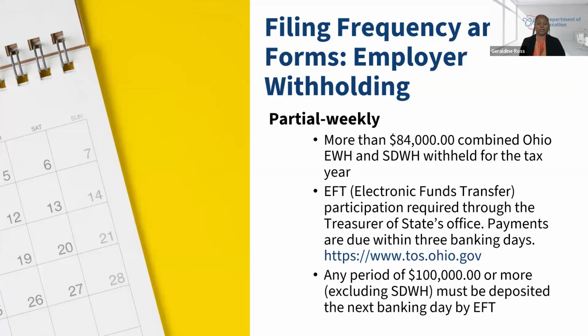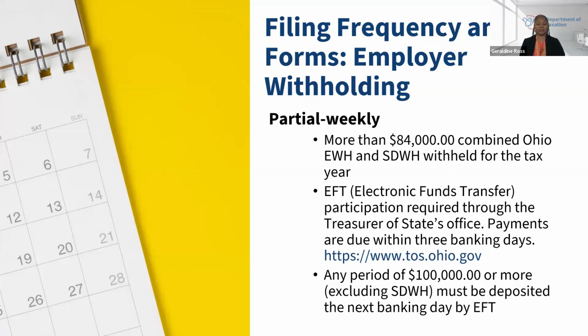And there's the third one, partial weekly filers. They will be filing more than 84,000 combined Ohio Employer Withholding and School District withheld for the tax year. And they have to file by EFT, electronic funds transfer, participation required through the Treasurer of State's office. Payments are due within 3 banking days.